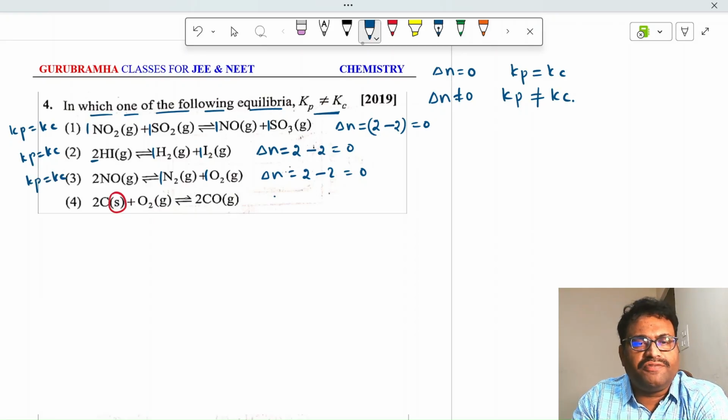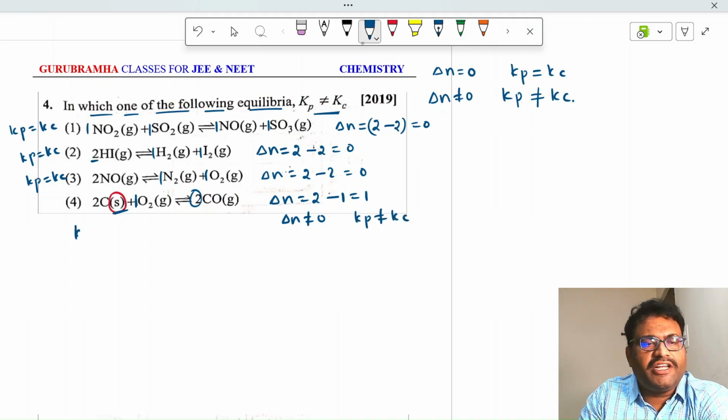For the fourth option, delta N is 2 moles on the right side, left side only 1 mole, because carbon is solid, whereas oxygen is in gaseous form. So 2 minus 1, that is equal to 1. Here delta N is not equal to 0. When delta N is not equal to 0, automatically Kp is not equal to Kc.